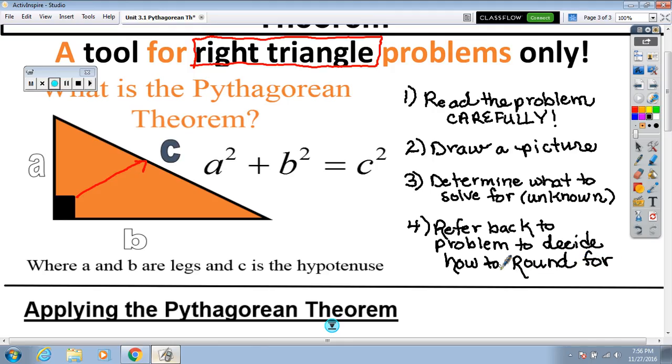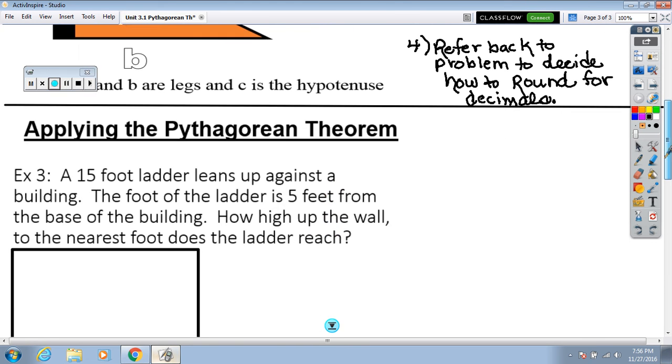Now you have to read it carefully and look at your answer choices because on your CDA some of your answers are written in radical form, which is like what we did in our warm-up, and some of them are written in decimal form. So it's all going to depend on what type of answer they're asking you for. The same answer can be written as a decimal or as a radical. So that is going to help you determine what to do to get your answer.